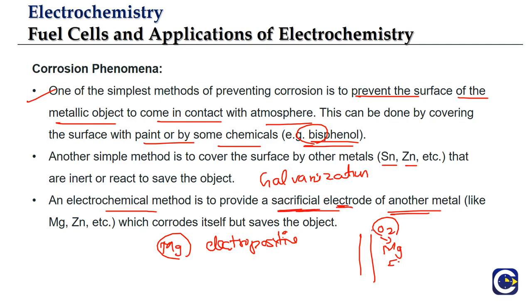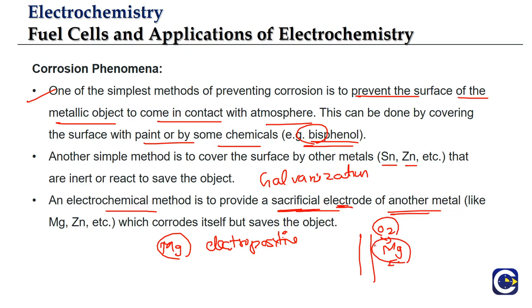Remember, in the entire process iron was acting as an anode, because the iron was undergoing oxidation. So instead of allowing the iron to become the electrode, the magnesium will become the electrode, because it will undergo oxidation first. So these are the three popular methods that are commonly used for preventing corrosion or rusting.